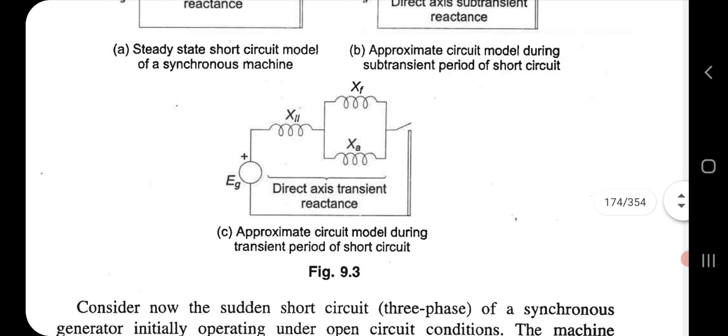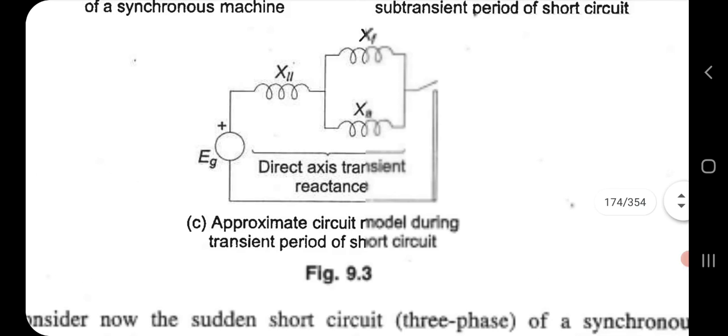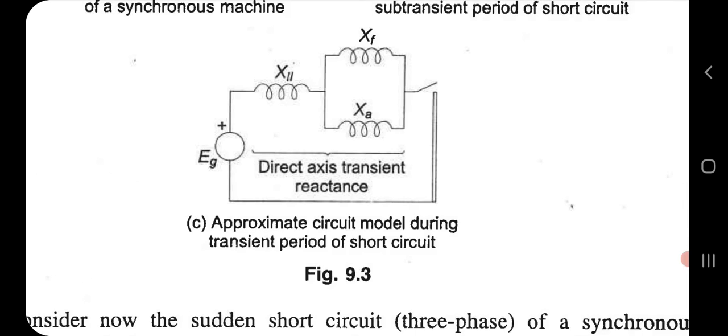Next is the transient period. During the transient period, the damper winding reduces the flux to a larger value, and then it decreases the main flux, so automatically it gets reduced.